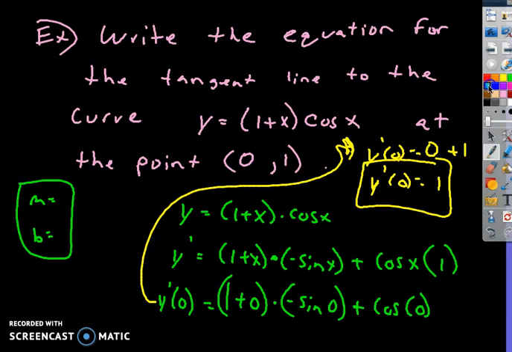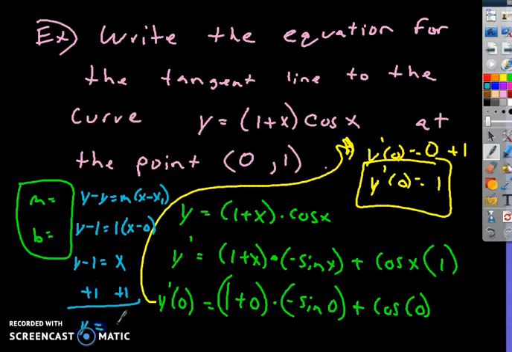So from there, you can now write y subtract y1 equals m times x subtract x1, which gives you y subtract y1, in this case 1, equals the slope, which is positive 1, times x subtract 0. So it's y subtract 1 equals x. Add 1 on both sides. So the equation of the tangent line is y equals x plus 1.